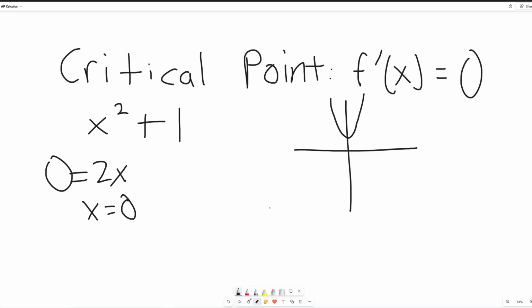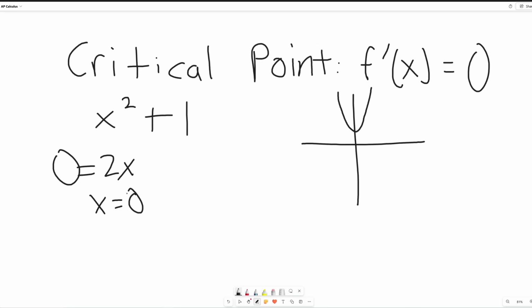So, when you find the critical point of a function, in this case only x equals 0, you should usually make what is called a sign chart, which is essentially a number line where you mark your critical points, and then you can test to see whether the derivative is positive or negative on either interval adjacent to that critical point. So, if you think about it, the derivative is the slope of the function.